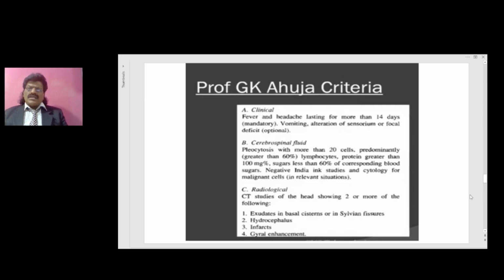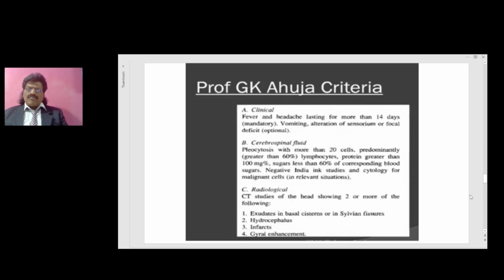Professor G.K. Ahuja criteria for tuberculous meningitis. We have clinical criteria, cerebrospinal fluid criteria, radiological criteria. The clinical criteria include fever and headache lasting more than 14 days, that is mandatory. Vomiting, alteration of sensorium or focal deficit is optional.